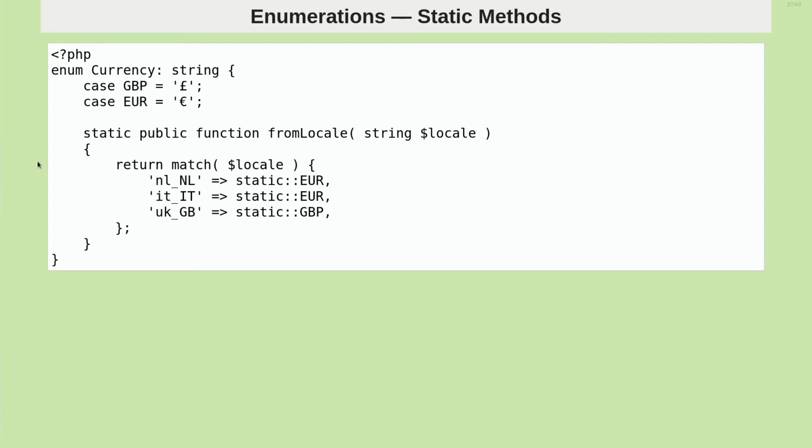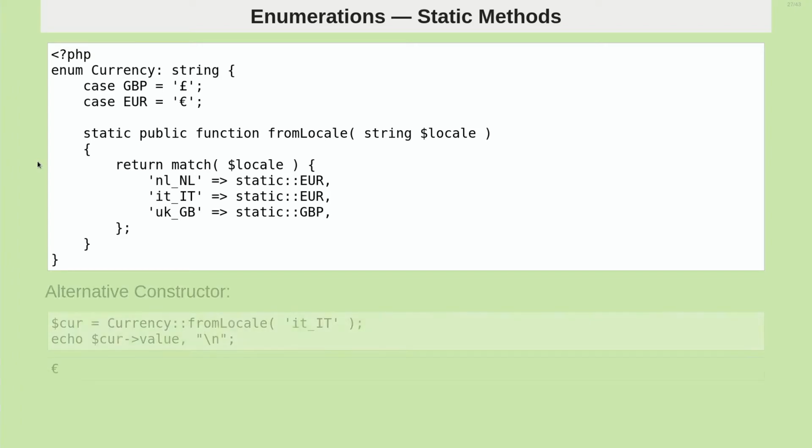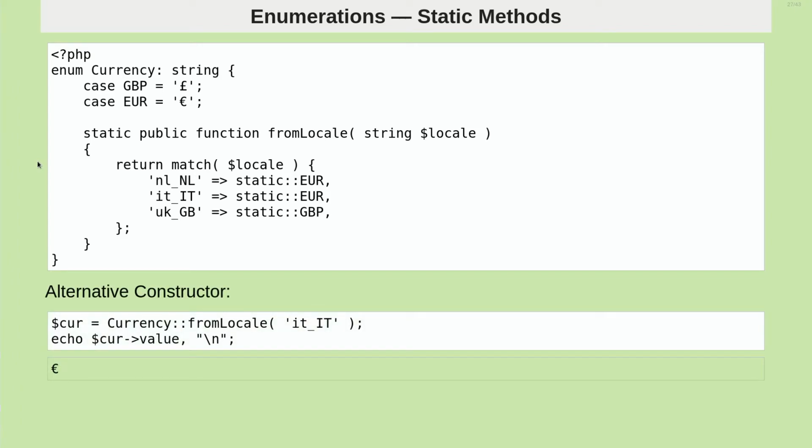And by passing in the locale, you can then, for example, return the right enumeration value that you would want to match to the locale that we're putting in. I think UK-GB is actually Ukrainian in Great Britain. I don't think that is an actual locale though. So you can use it as an alternative constructor to construct enumeration instances from something else, which I think is a useful feature as well.